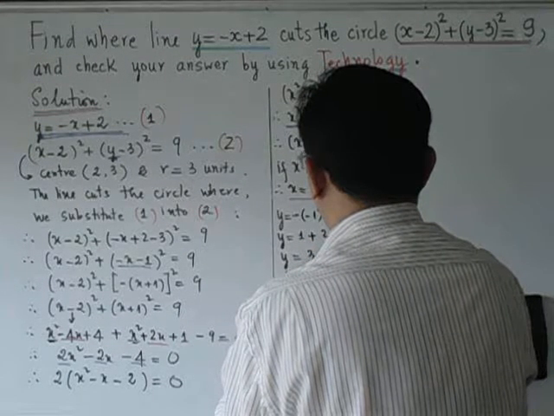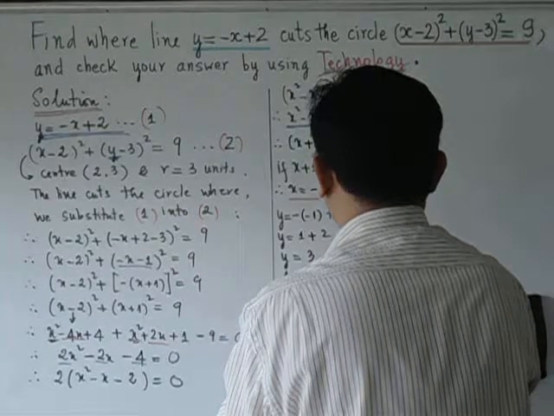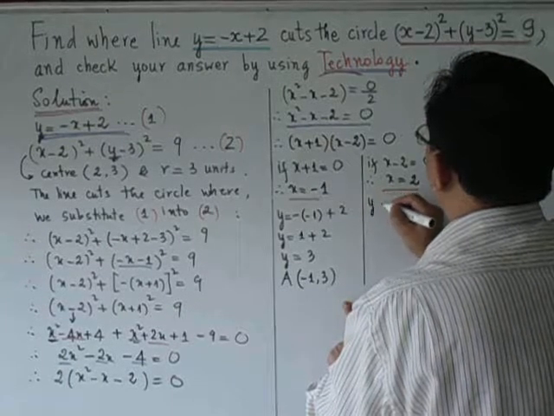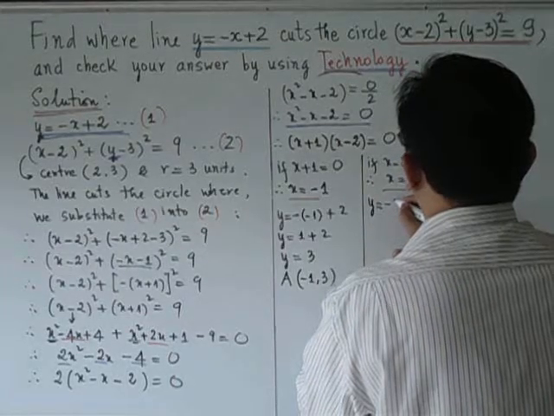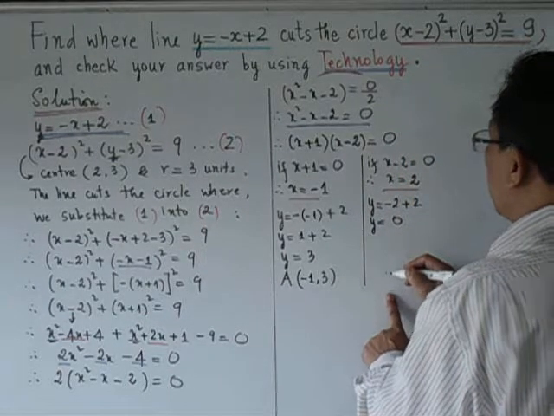So we have the point A (minus 1, 3). And we substitute x equals 2, we have minus 2 plus 2, y equals 0.